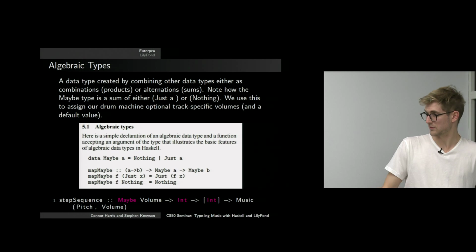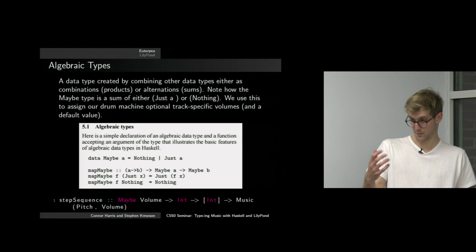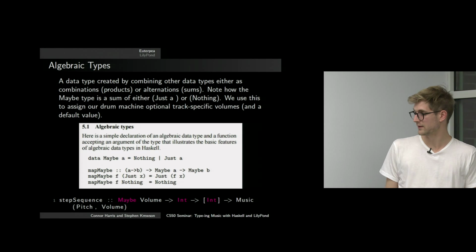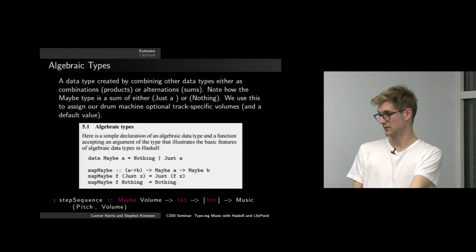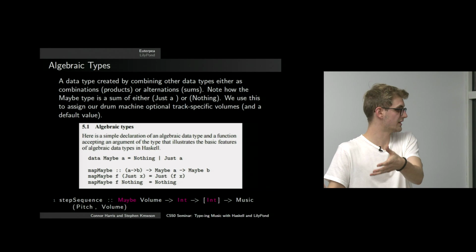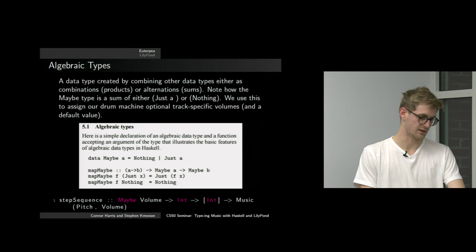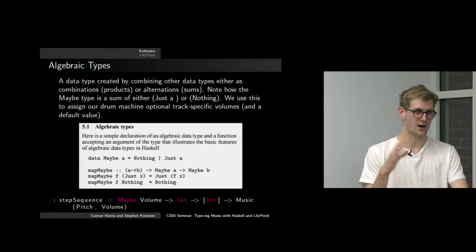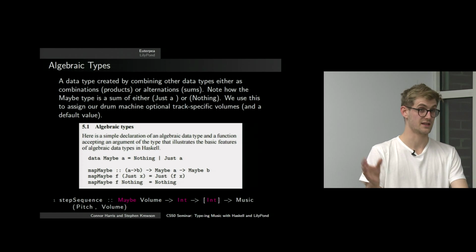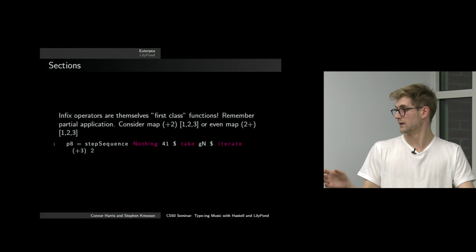In Haskell, you could maybe use the Maybe type, which takes either Nothing or a value of type Just a. So we exploit this in the drum machine to allow us to give optional volume parameters to each of the drum parts.